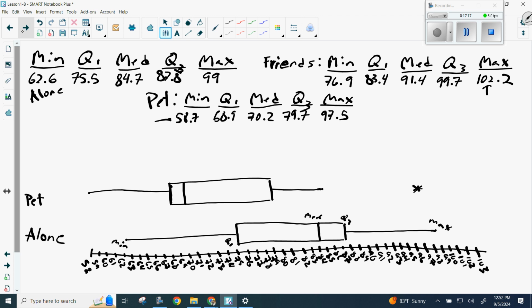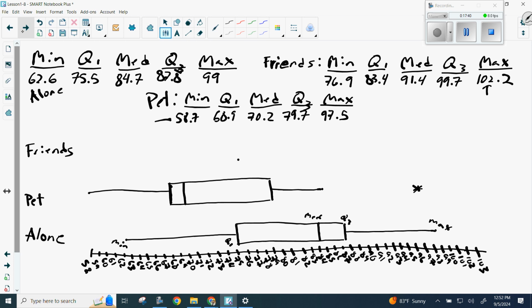Next thing we need to do is our box plot for friends. Friends are cool. All right. Our minimum is 76.9. There. And our quartile 1 is 83.4.